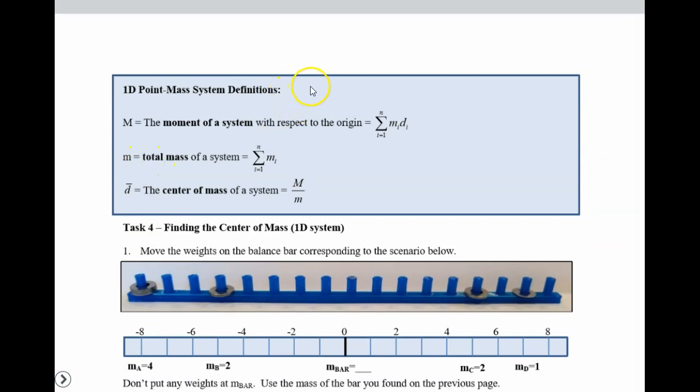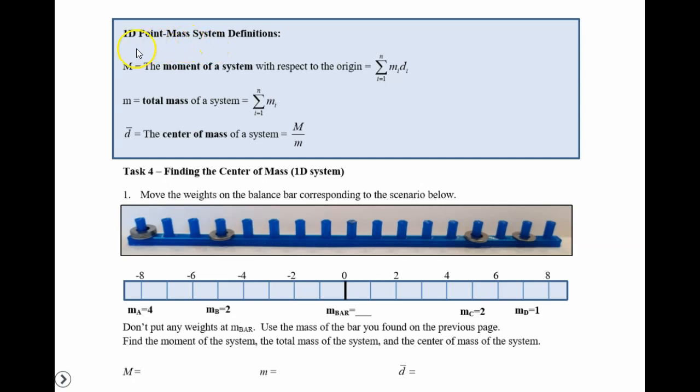All right, a few definitions that we're going to need. If I have a general system of point masses, then the moment of the system, which we already talked about, is going to be adding up all the individual moments, all the individual mass times distances. So we have that summation notation right there.